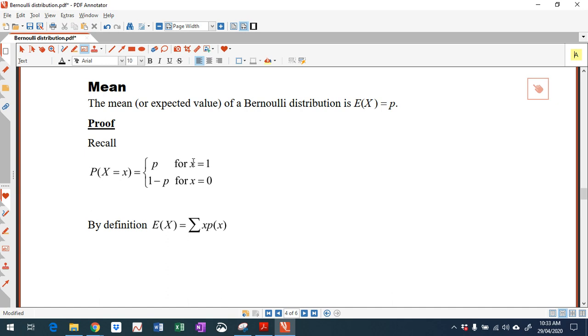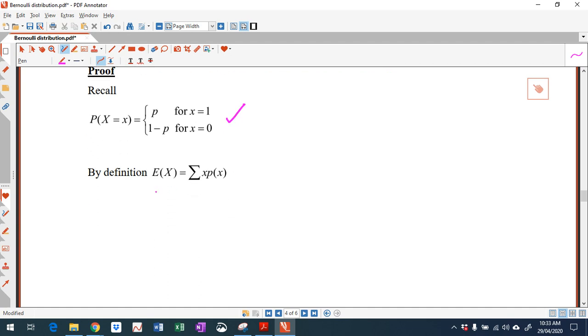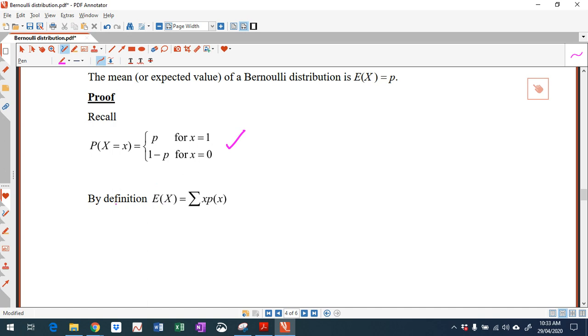Okay, so starting off with the Bernoulli distribution definition, which is here. And the definition for expected value is sigma x p of x.